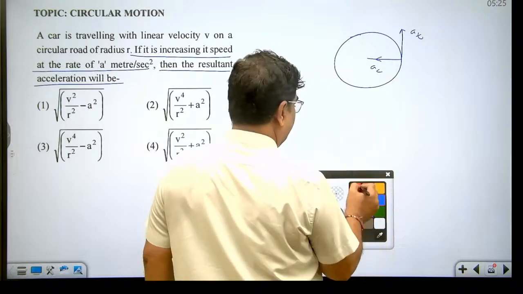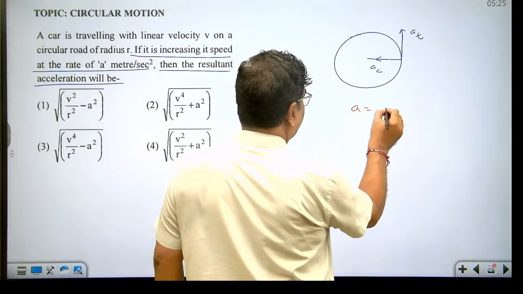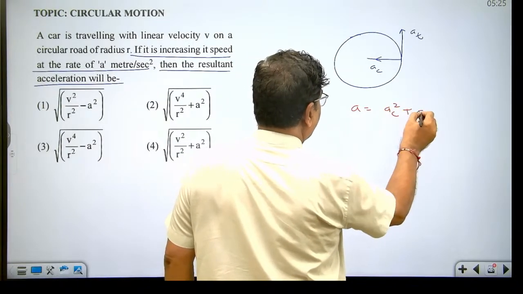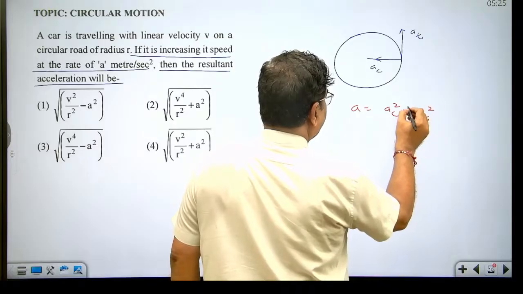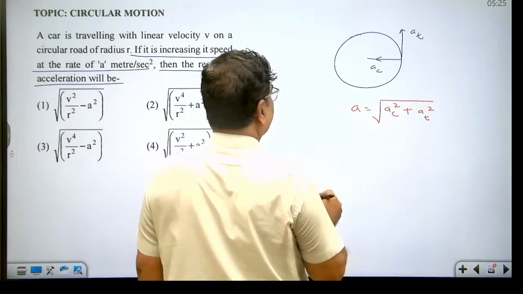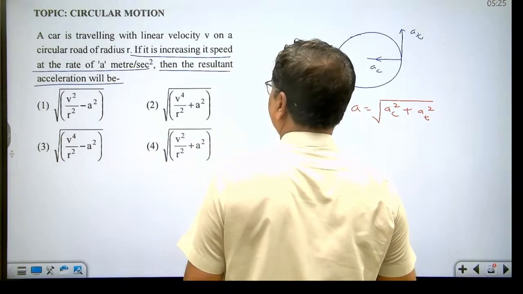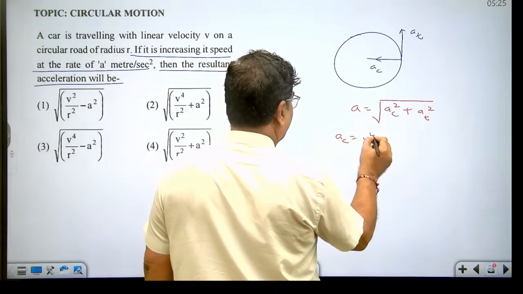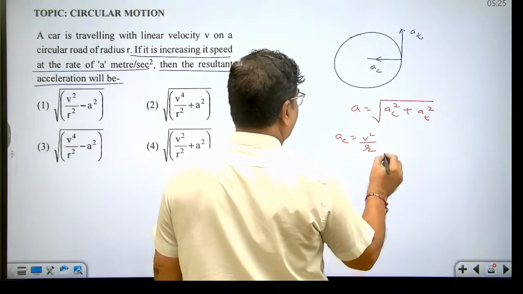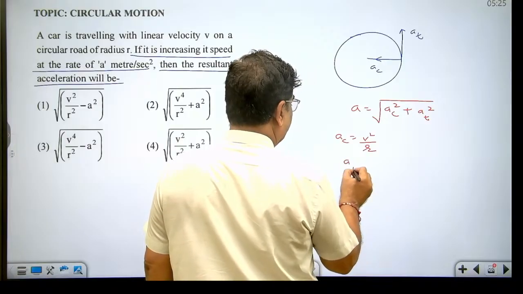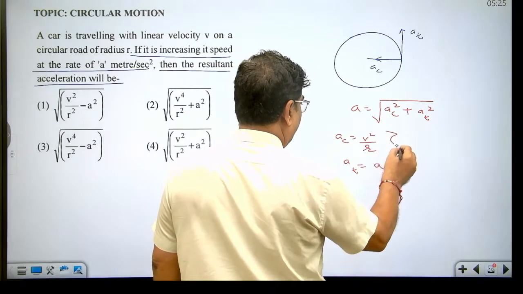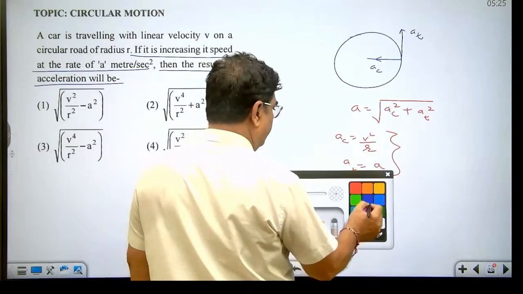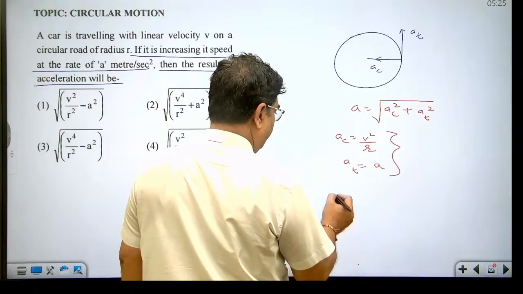The resultant acceleration will be given as A equal to root of AC square plus AT square, because AC and AT are perpendicular to each other. So in our case, centripetal acceleration can be written as v square upon r, because the radius of the circular path is r, and the tangential acceleration in our question is given as a. So we can easily write the equation of total acceleration.